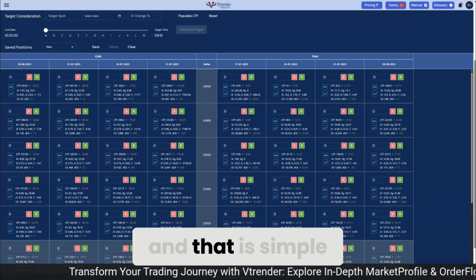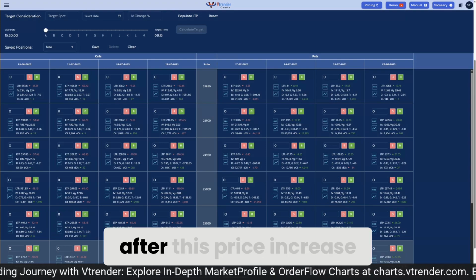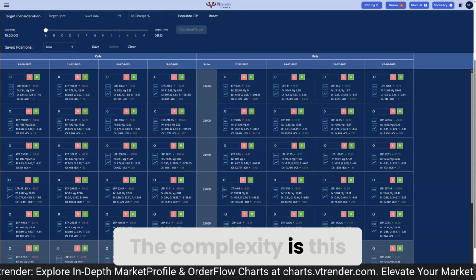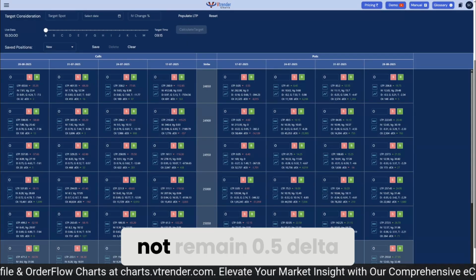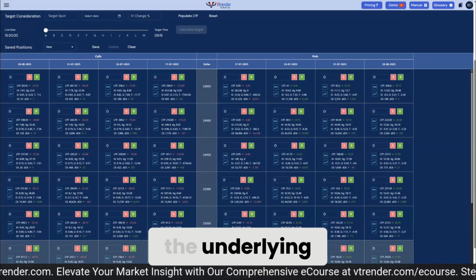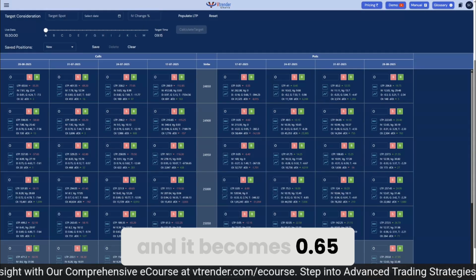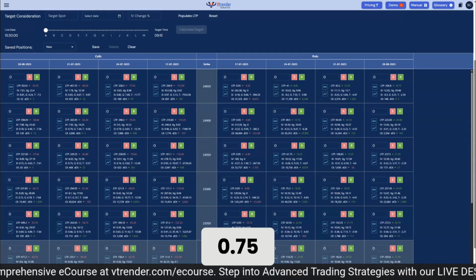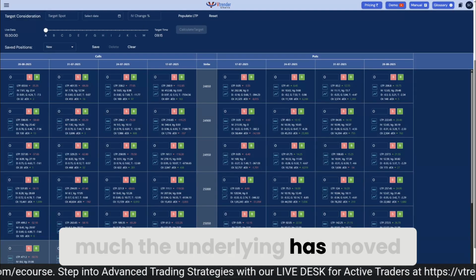All that is good and simple to understand. But the complexity begins after this price increase. The complexity is that the 0.5 delta does not remain 0.5 delta with the movement of the underlying. That delta changes and it becomes 0.65, 0.75, 0.80, depending on how much the underlying has moved.